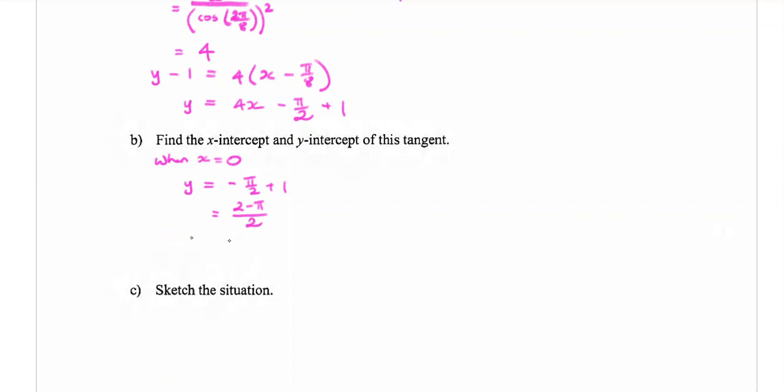Actually, I should have done that over here because I'd have more room. So that would give me 0 equals 4x minus pi over 2 plus 1. Let's move everything away from the x. We would have 4x equals a positive pi over 2 minus 1.